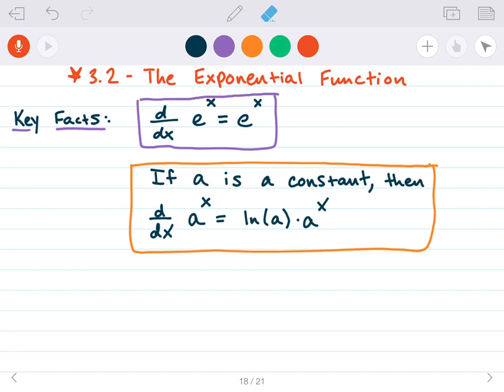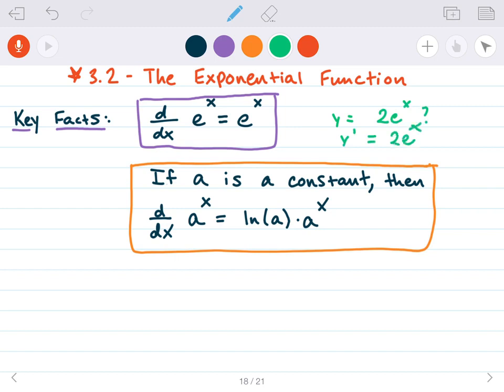And so the first thing is that the derivative of e to the x is just e to the x. So the derivative of e to the x is the same as the function itself. And so if we were to ask what is the derivative of y equals 2e to the x, well, y prime is just going to be 2e to the x.